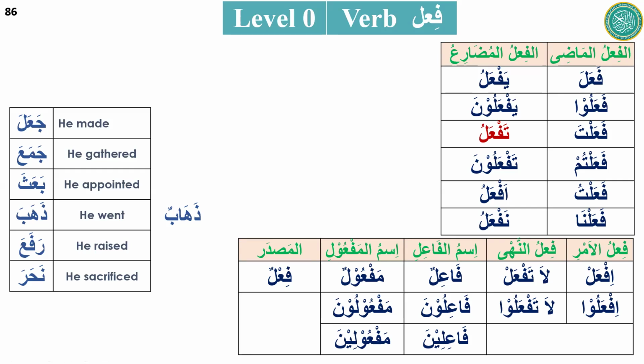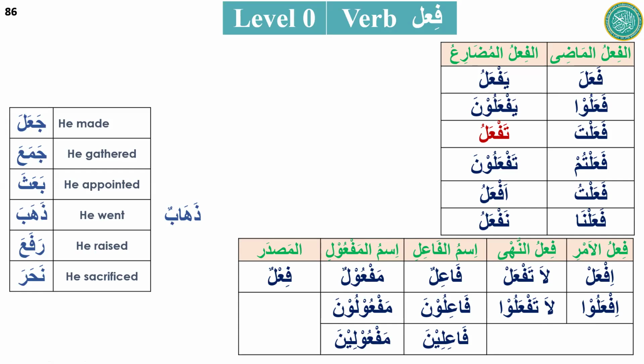Similarly, we have here if'al, la taf'al, if'alu, la taf'al. And then this is Amr, imperative, and negative imperative. And then we have doer. This is also called subject, object, and verbal noun. This table will remain throughout the course, but we should know that it has 7 columns.